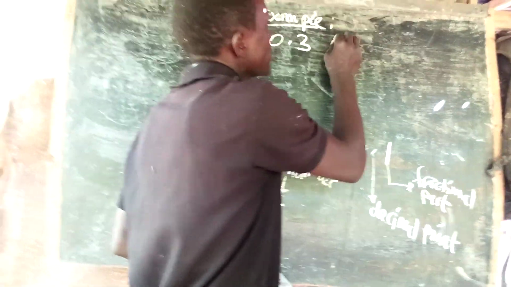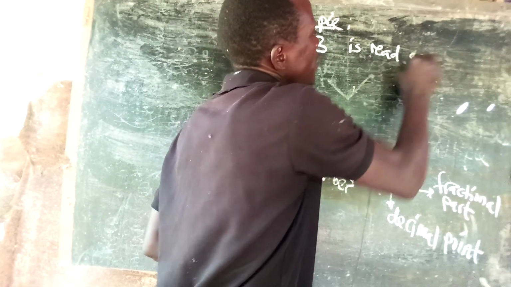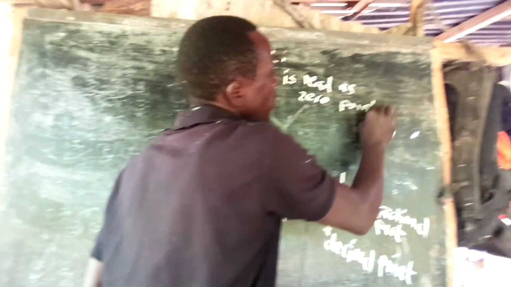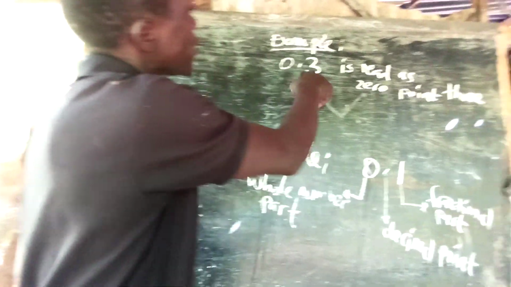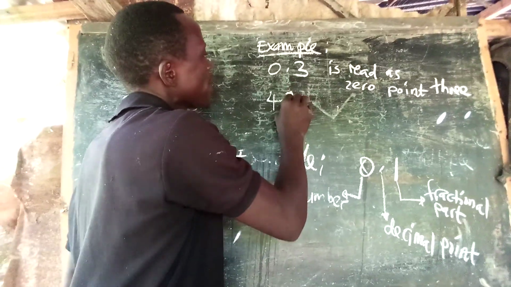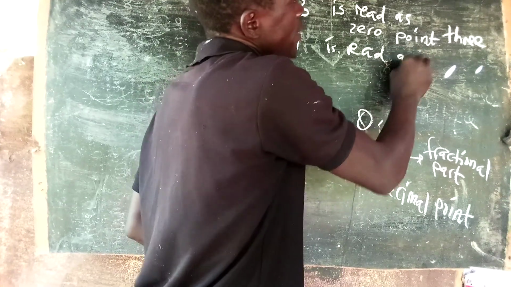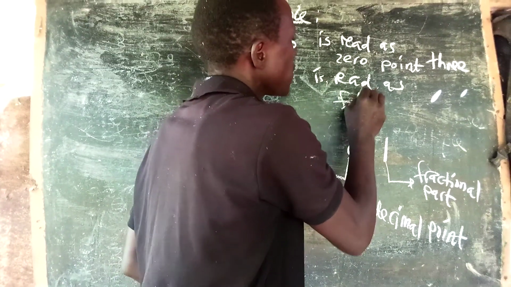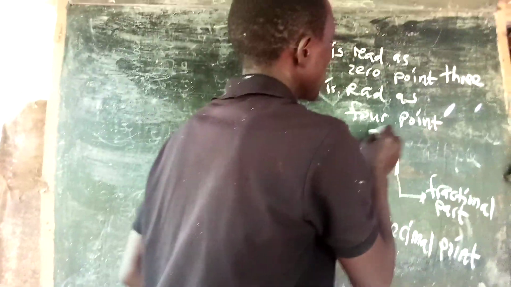It is read as zero point three. But we can also be given 4.71. How can you read this? It is read as four point seven one.